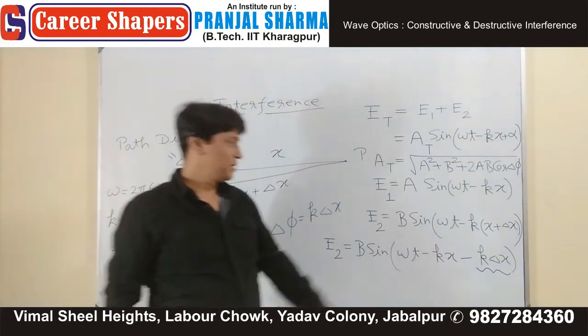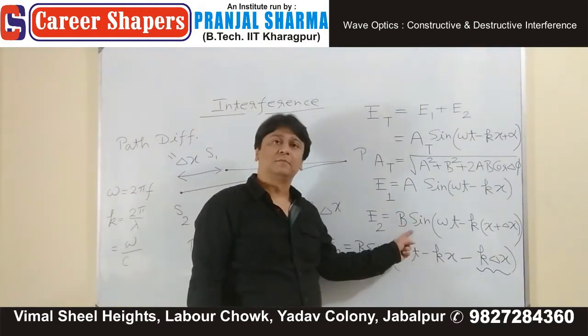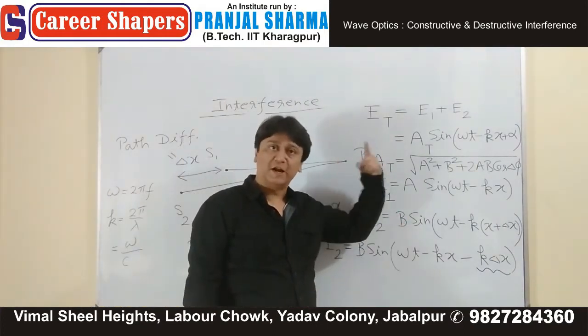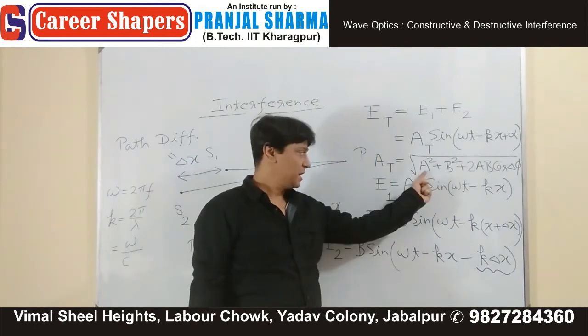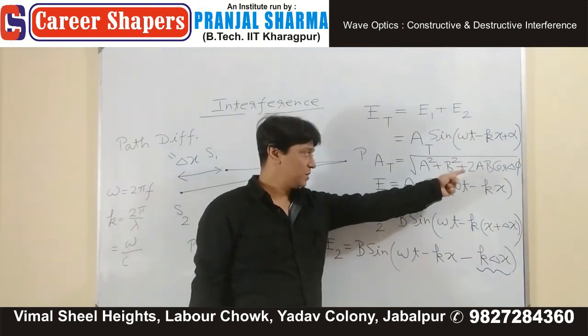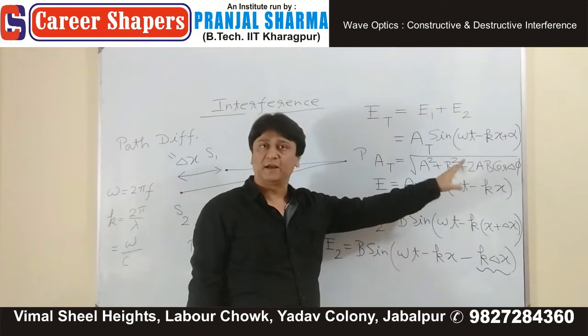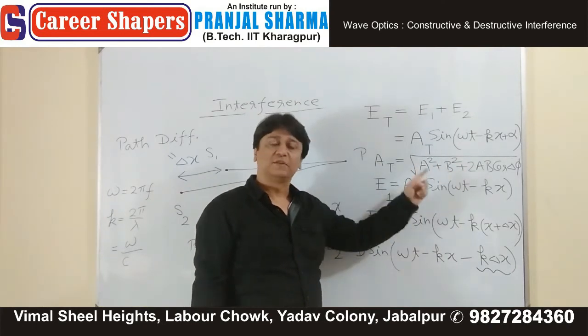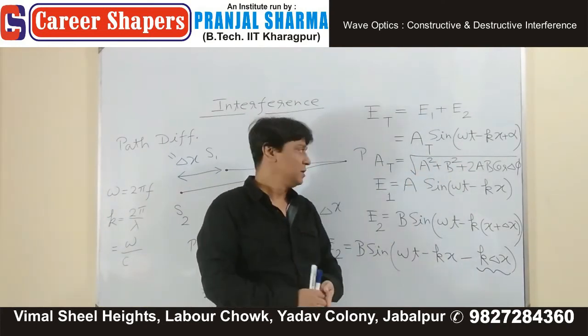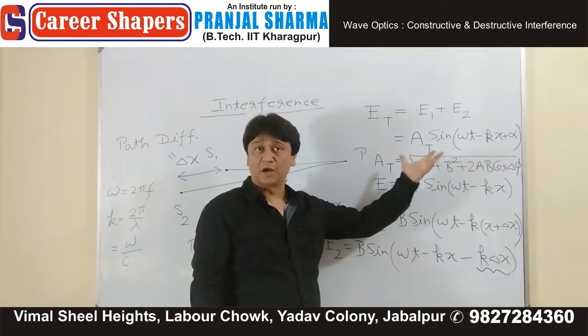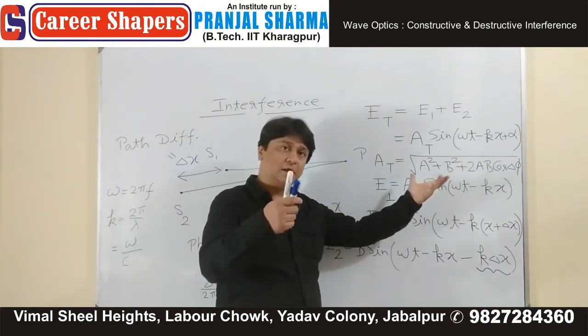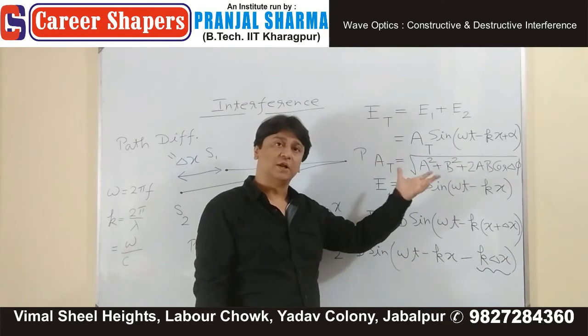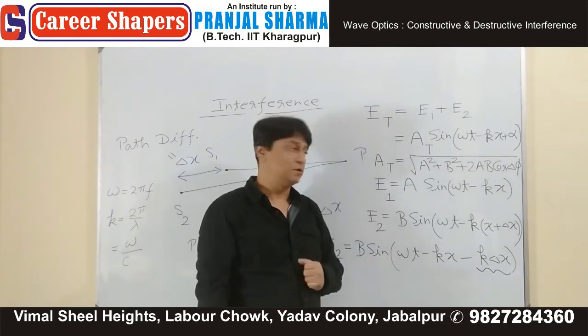So when we superimpose these two waves, amplitude of the resultant wave will be A square plus B square plus 2AB cos delta phi. You have seen this thing in vector addition as well as in alternating current, in 11th, during oscillations and in waves also.